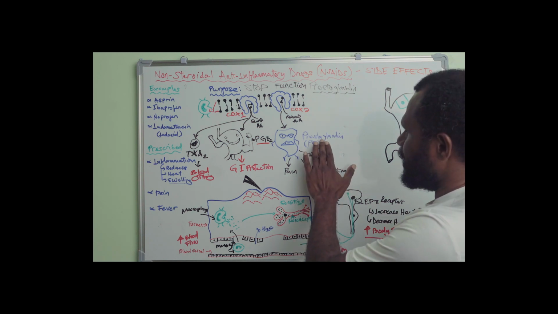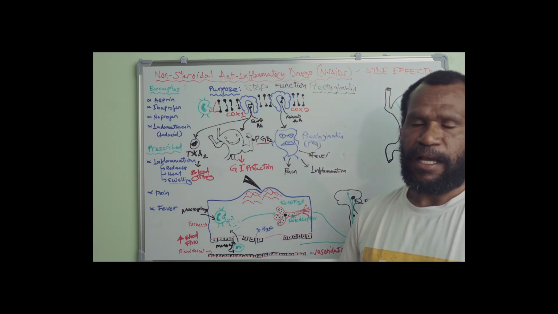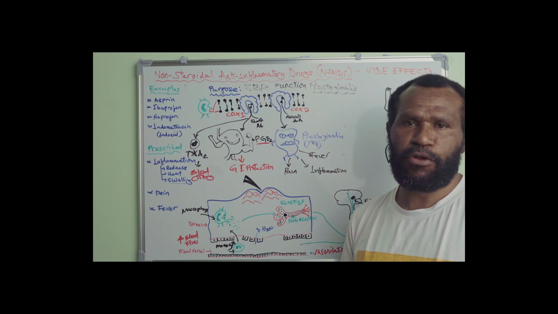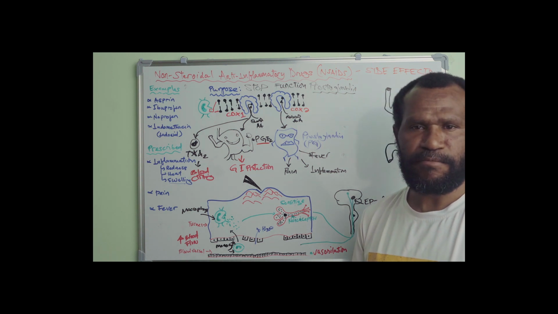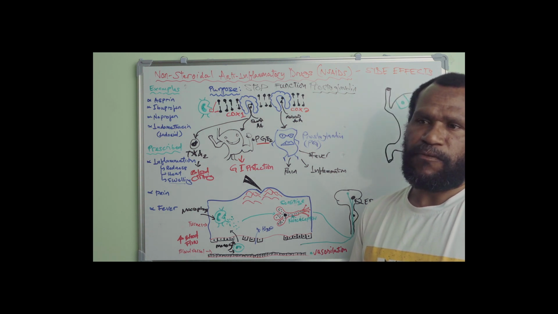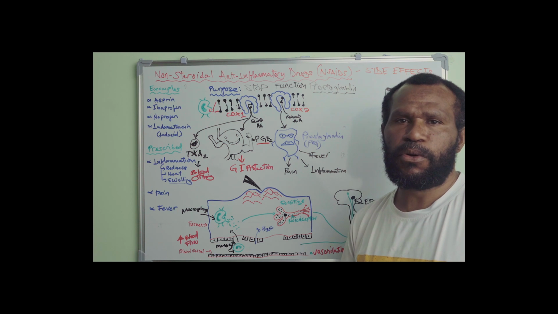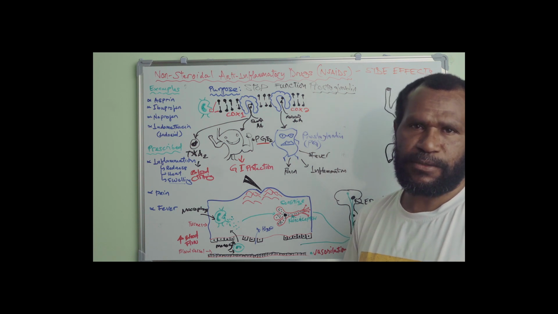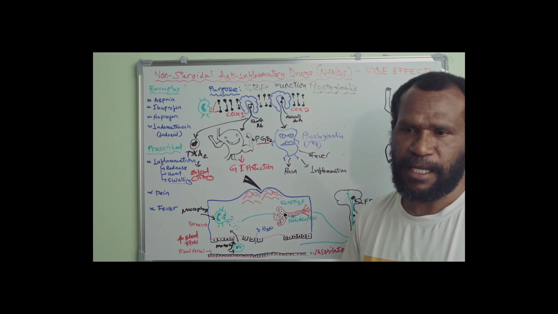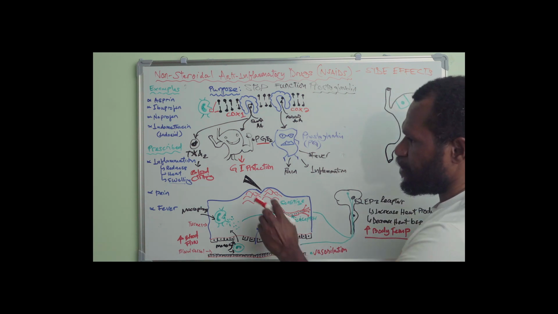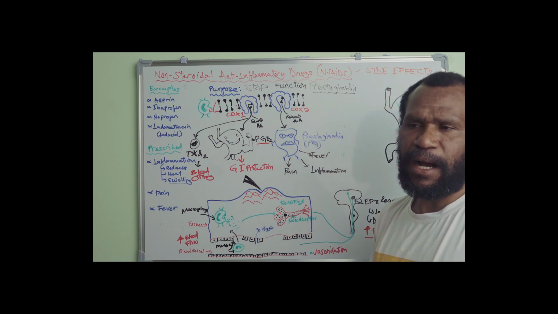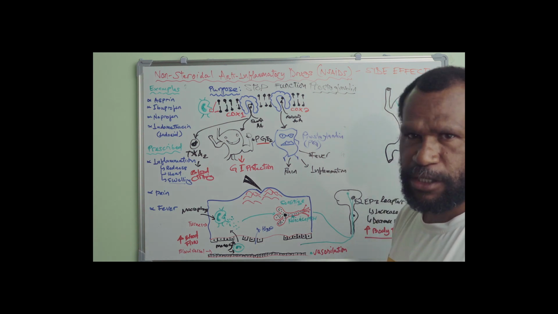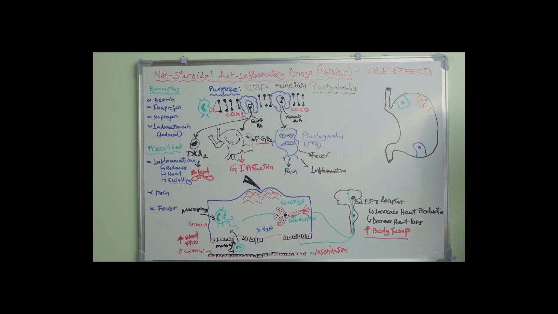Remember that prostaglandins have a lot of other physiological functions in the body. They are involved in labor, in menstruation, in bronchoconstriction in the respiratory tract, and many other functions. But one of them is GI protection. And how does it protect our stomach? Let's go over to the stomach and see how that happens.